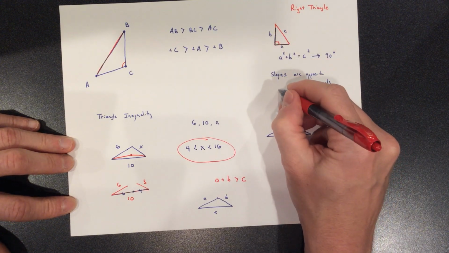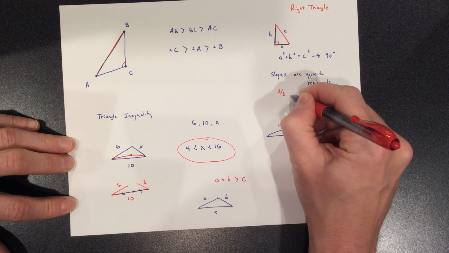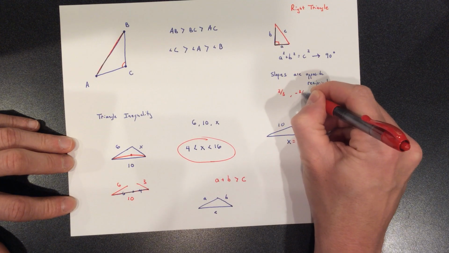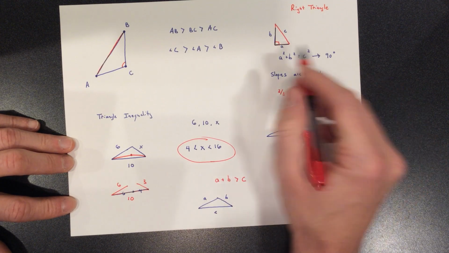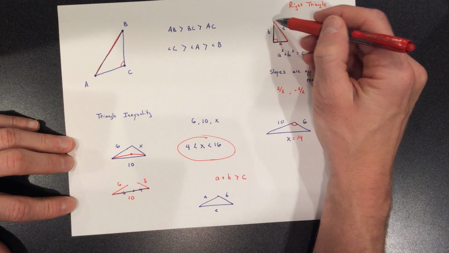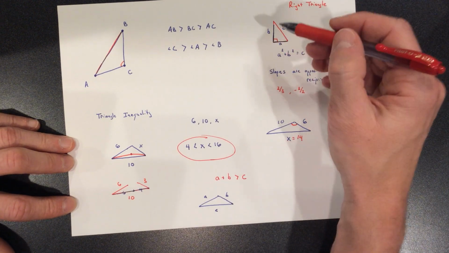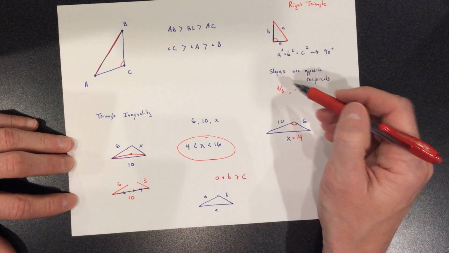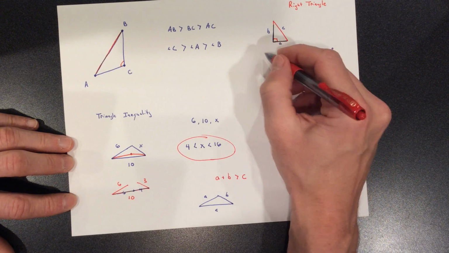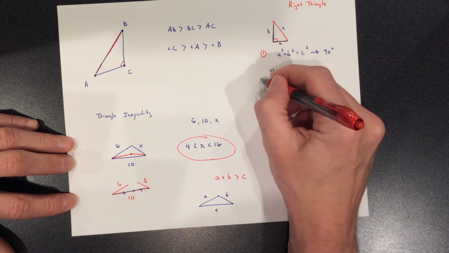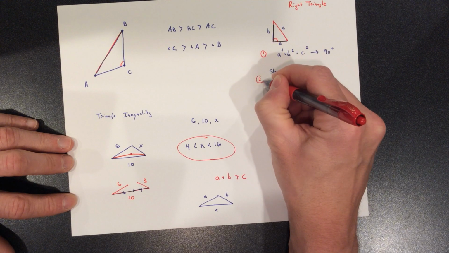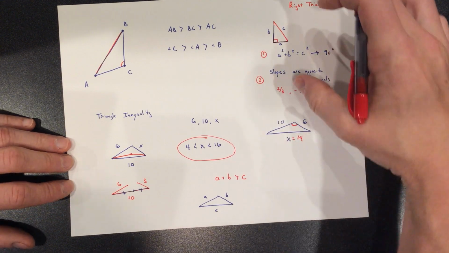If we know that one slope is like 2/3, then the other slope needs to be -3/2. If you knew that this was 2/3 and that was -3/2, then for sure it's 90 degrees. And if this is 90 degrees, then you have a right triangle. So there's the Pythagorean theorem way, and then looking at a coordinate graph and looking at the slopes. Two different ways to show something's a right triangle.